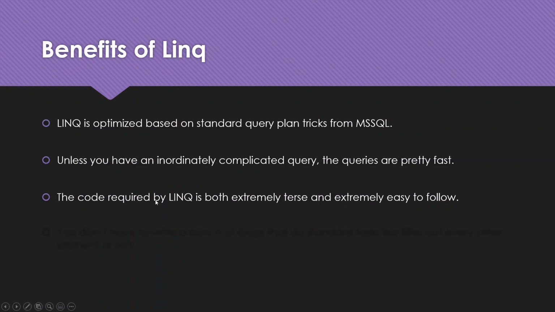The nice thing about LINQ is that, especially with the API, the code itself is really terse, but it's also really easy to follow. So anybody who has read extremely idiomatic Python will definitely tell you that idiomatic Python is great if you understand idiomatic Python. If you have only read Python for maybe a couple of days, if you're brand new to the language and you read a bunch of idiomatic Python, it seems like witchcraft.